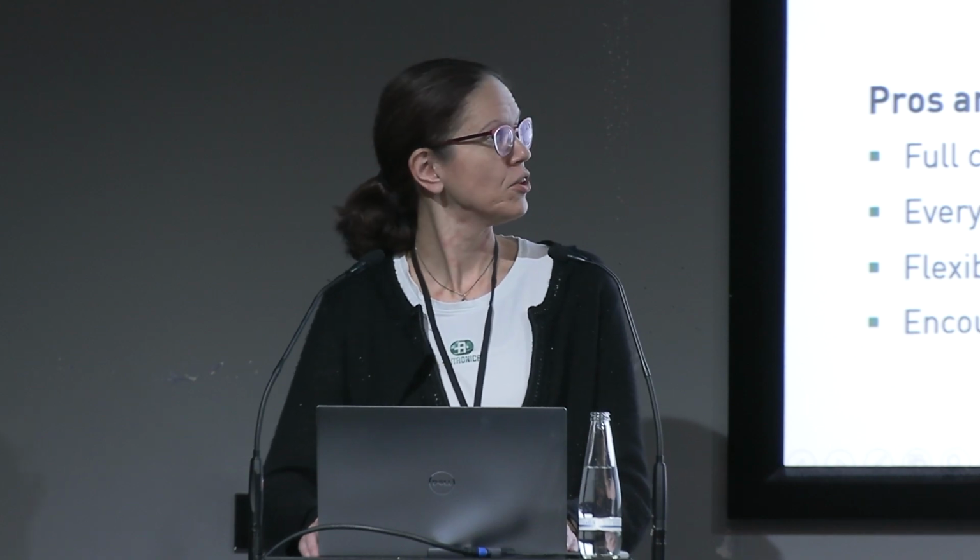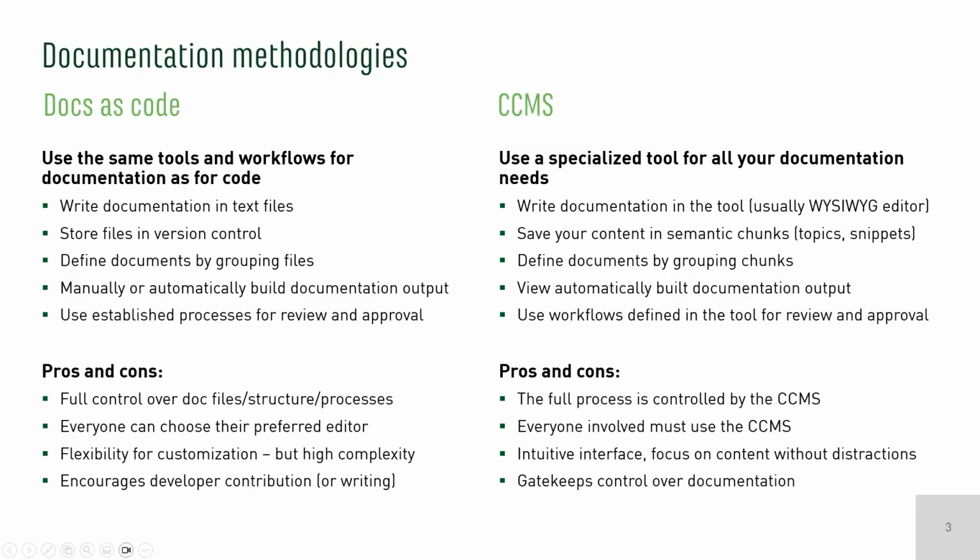Just a quick overview over those different methodologies, if you're not familiar with them. Docs as Code, the main idea is that you would use the same tools that you either are using for code or could be using for code for your documentation as well.